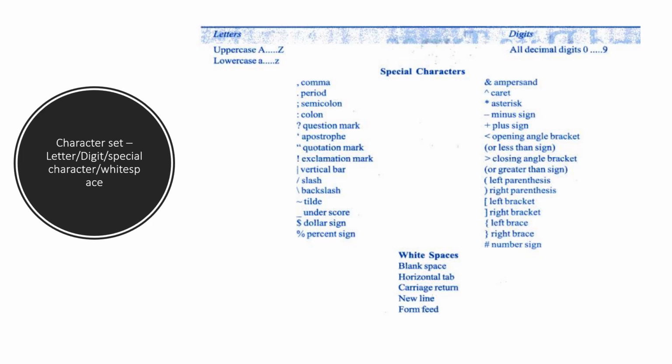The special characters are comma, period, semicolon, colon, question mark, apostrophe, quotation, exclamation, vertical bar, slash, backslash, tilde, underscore, dollar, percent, caret, asterisk, minus, plus, less than, greater than, ampersand, left parenthesis, right parenthesis, left bracket, left brace, right brace, and also number sign. We have the white spaces like blank space, horizontal tab, carriage return, new line, and form feed.